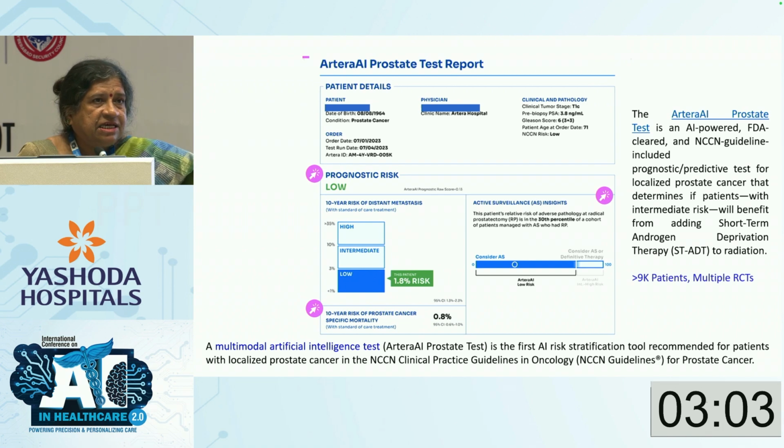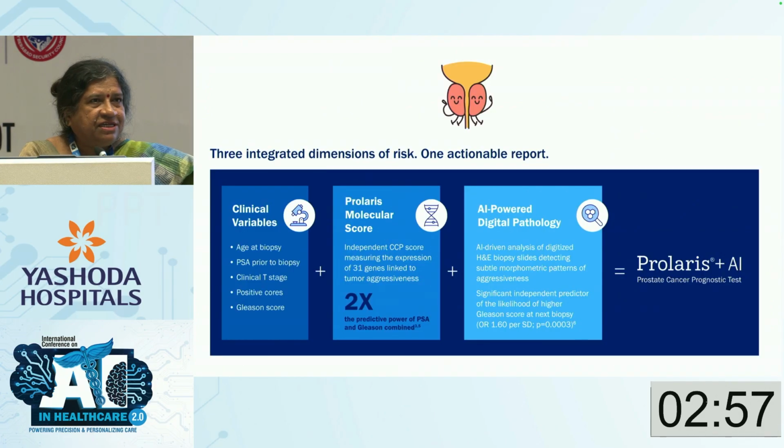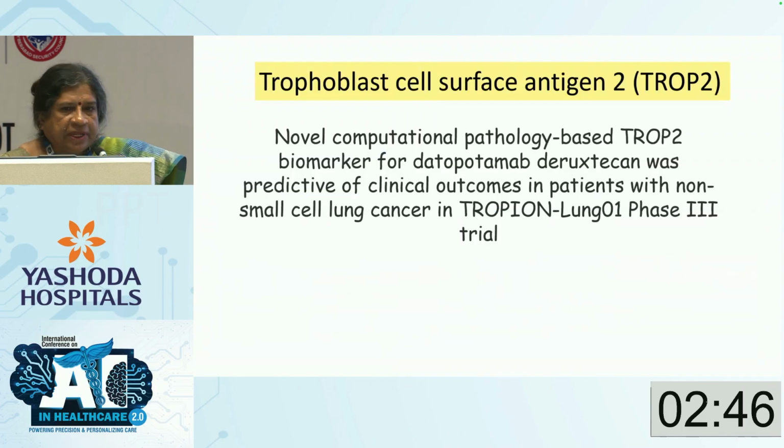And this again combines pathology and clinical data, and in addition, there is yet another test which combines molecular information, clinical information, as well as pathology, which is derived from whole slide imaging.